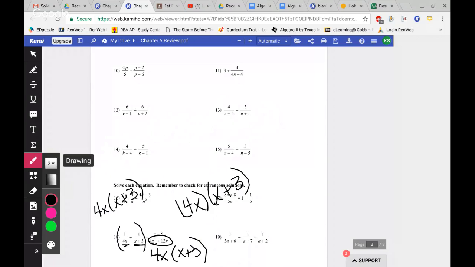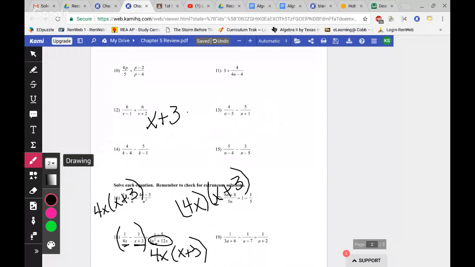And 1 times x plus 3 leaves me an x plus 3. And now I'm going to work with the second fraction in this equation, which is 1 over x plus 3. And if I'm multiplying the 4x times the x plus 3 times the 1 over x plus 3, the x plus 3's cancel, and it leaves me with a 4x.